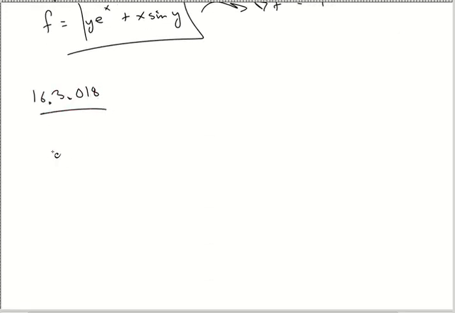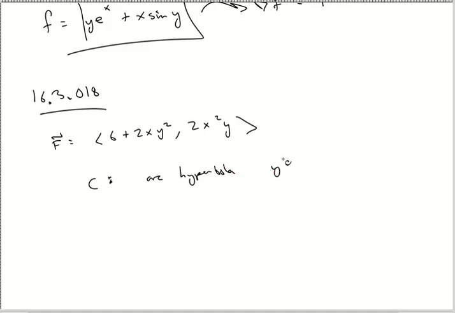So I got cap f is equal to 6 plus 2xy squared, and then I got 2x squared y. And they're saying, it's kind of interesting, that my curve for this f is the arc of a hyperbola y equals 1 over x. If you've ever seen this, we often think, oh, that's a reciprocal function.